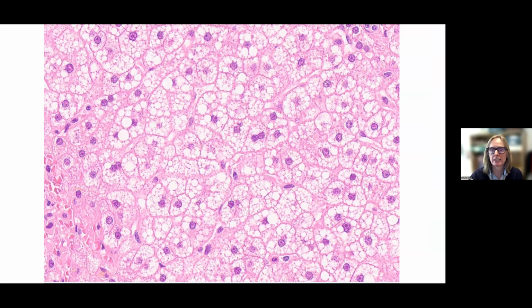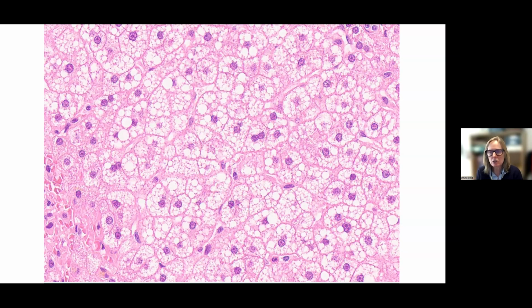Here's a higher power of that steatosis. If the steatosis is tiny droplets that impart a foamy appearance to the hepatocytes, we would refer to that as being truly microvesicular. In actual fact, in diagnostic practice, it's very rare to see that, and you usually see it in the context of metabolic liver diseases.